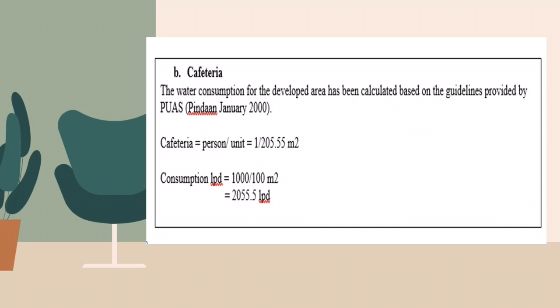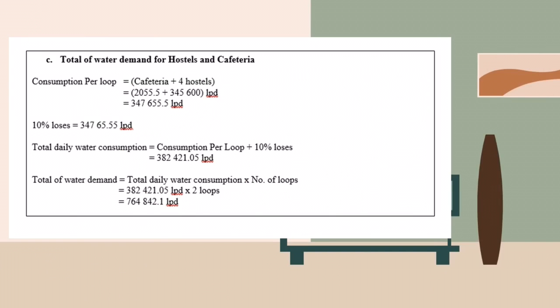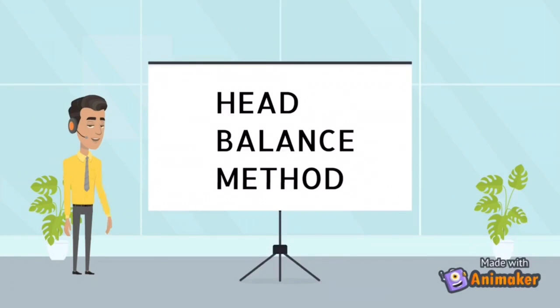We get 2,055.5 liters per day. Finally, the total water demand for the hostel and cafeteria is 382,421.05 liters per day. Times 2 loops, we get 764,842.1 liters per day.